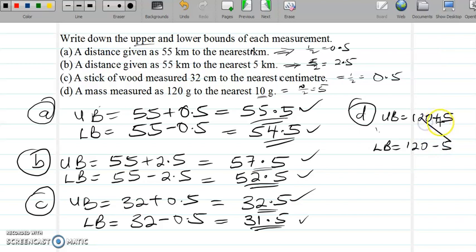So 120 plus 5 gives us 125. This is the upper boundary, and 120 minus 5 gives us 115, and this is the lower boundary. That's how we solve it.